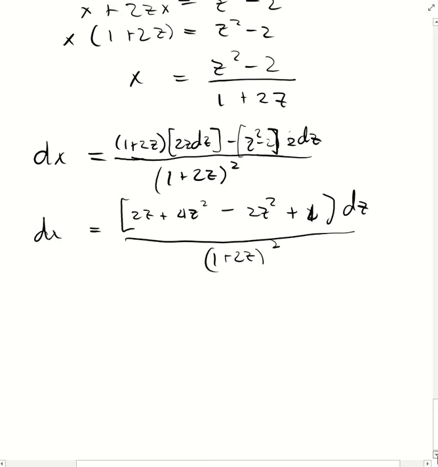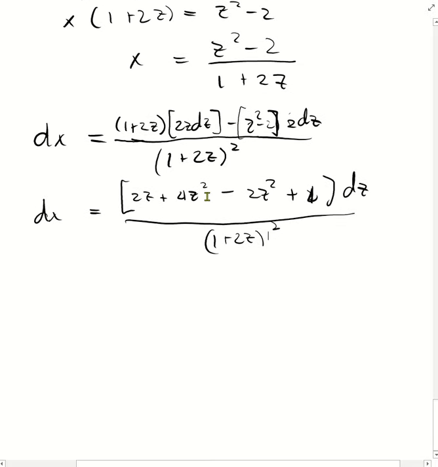We can still simplify this further. 4z squared minus 2z squared is 2z squared. And we have 2z, then we have 4. We can factor out 2, so we have 2 times z squared plus z plus 2.